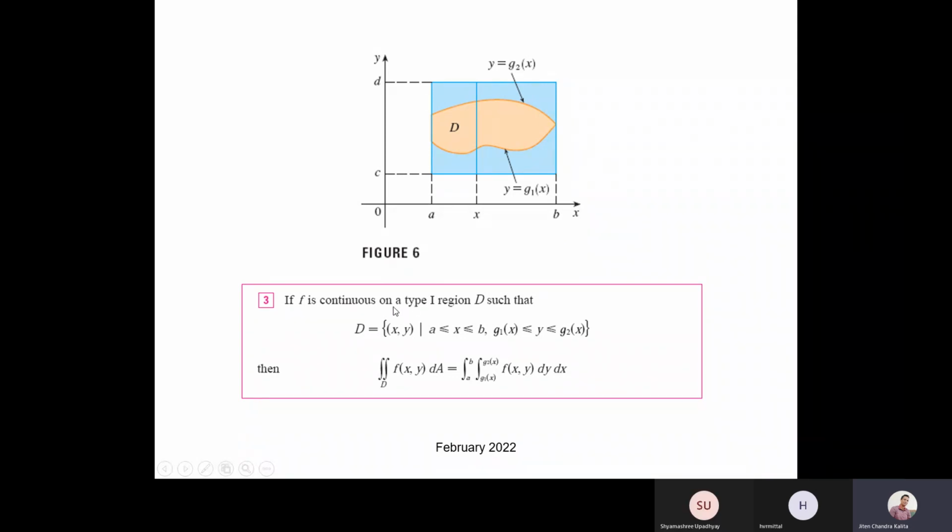If F is continuous on the type 1 region D, then the double integration is simply this: firstly, you integrate with respect to y between those two curves. Once you evaluate this, it gives you a function of x, and then you integrate that function of x between the limits a and b.